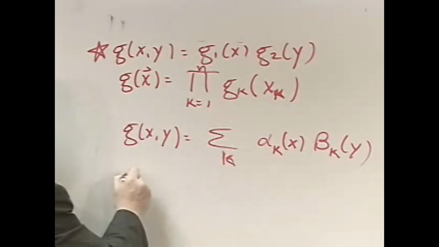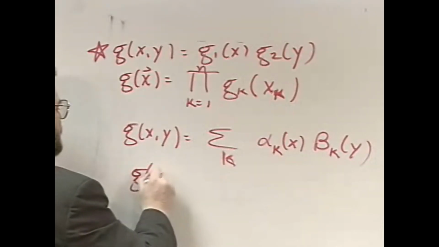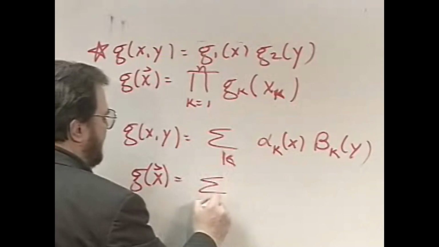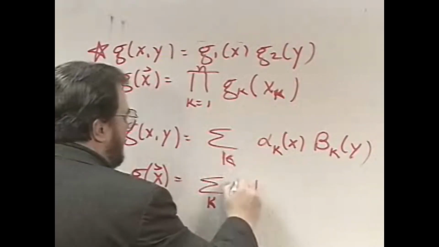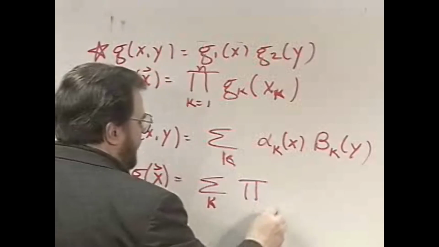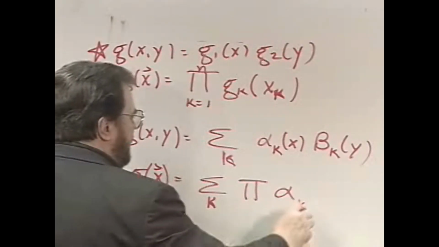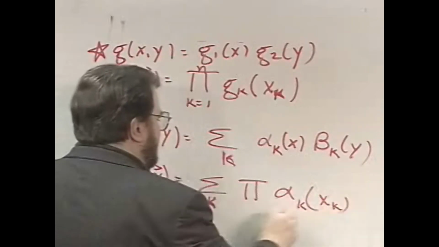And in higher dimensions, g of x can always be written as the summation over k of the product. Oh boy, I'm getting too many subscripts here. Alpha sub k, no, I guess not, x sub k.